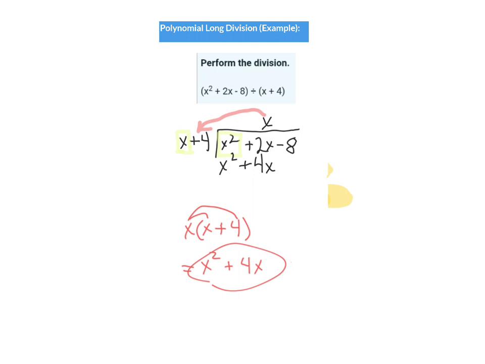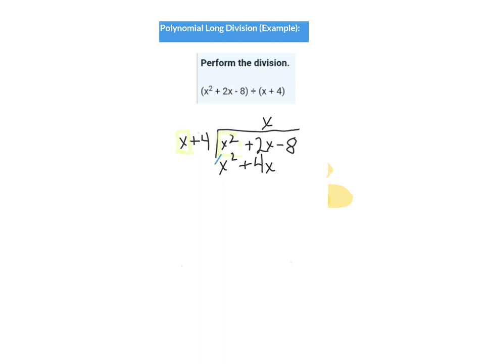Okay? The next part is pretty important. I want you guys to subtract next, but we need to put this in parentheses and subtract. So we're subtracting the polynomial, the result that we just put underneath the dividend. What you need to do is really subtract this binomial, so we'll have the opposite of the things in parentheses.